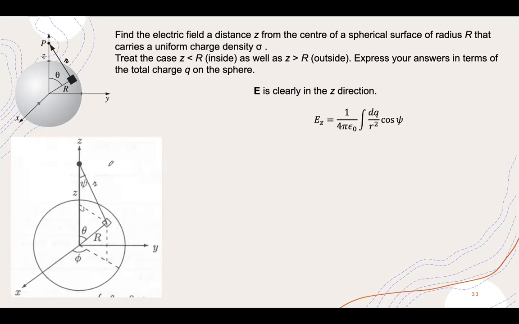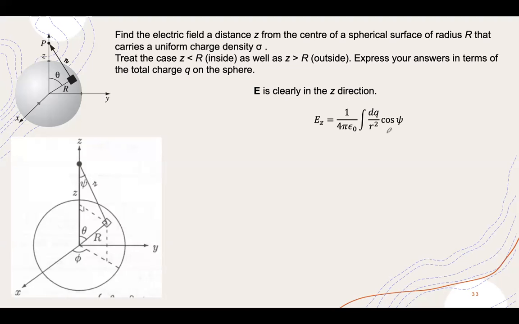Then we wanted to use some of the formula which we already learned, and according to our convention we always take this angle into consideration, which I mentioned today also before, that this convention of taking the angle is going to help us with the expression which we derived before. Okay, so in terms of this angle psi, we can write this electric field Ez equal to 1 over 4 pi epsilon naught integral dq over r square cos psi.